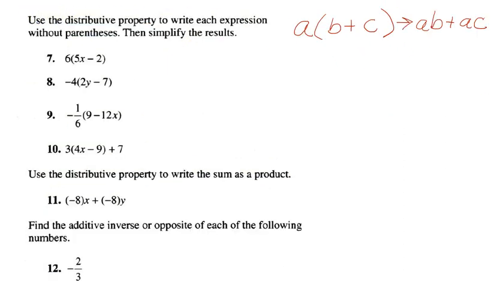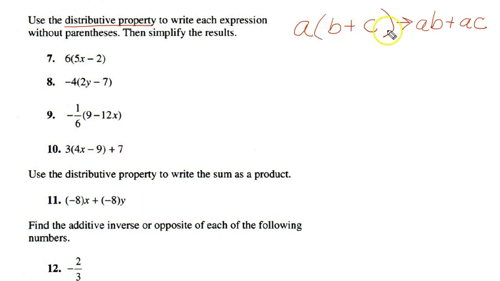Now, one of the other common properties we have is the distributive property. Now, this property looks like this, where we have a letter or some value outside the parenthesis, and then terms within the parenthesis, like so.